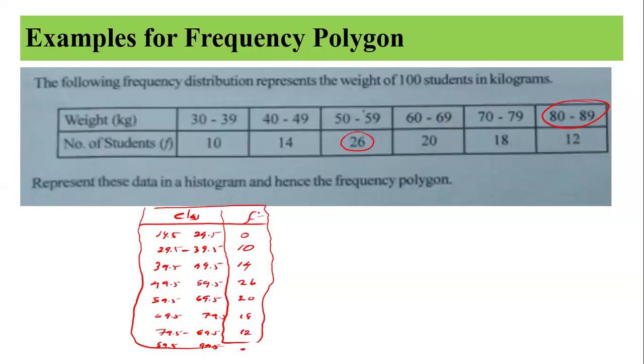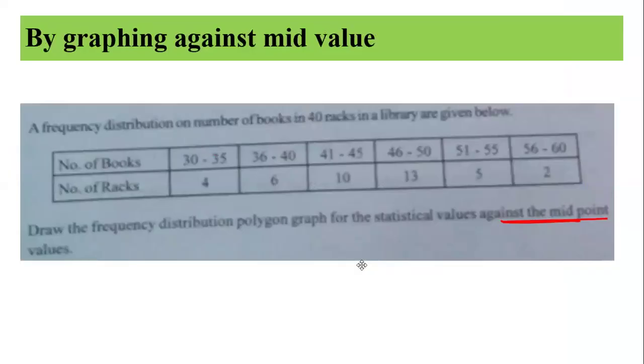Represent this data in a histogram and after that prepare the frequency polygon. Firstly, please write this example and underline 'against the midpoint'. And after that I'll explain how to prepare the frequency polygon using the mid value.